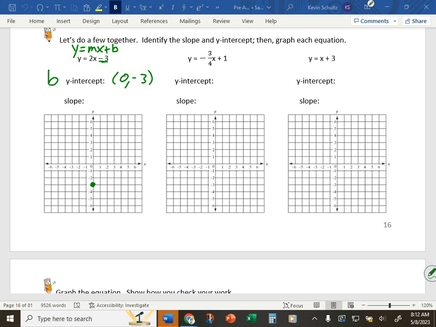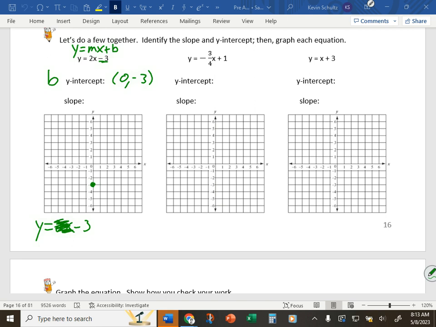Well, why does that work, Mr. Schultz? Well, remember what a y-intercept is. To find a y-intercept, what variable are we setting equal to 0? The x, right? And so if we take this equation, y equals 2x minus 3, and if we set x equal to 0, which is going to eliminate this x term, what are we left with? y equals negative 3.